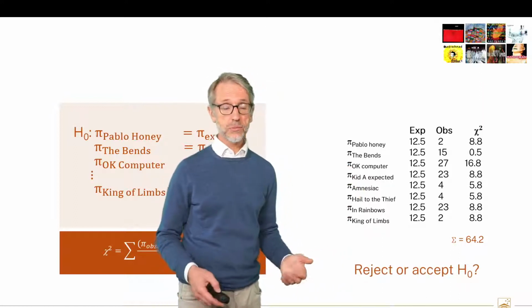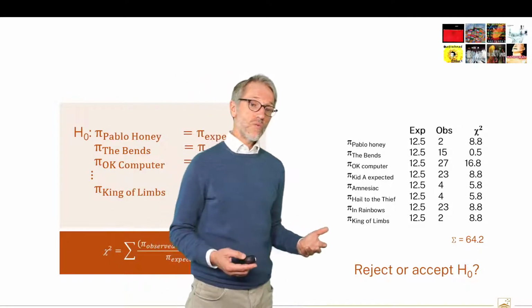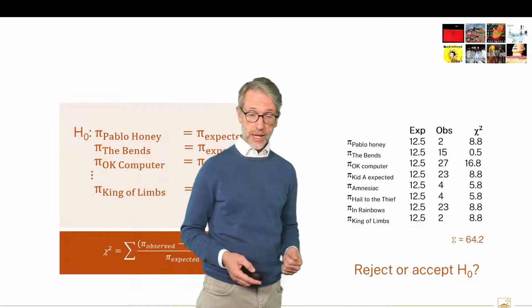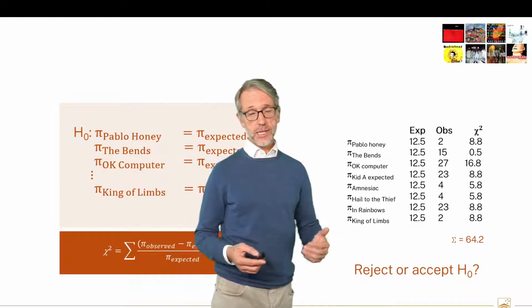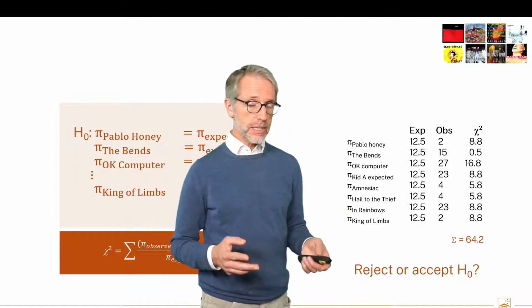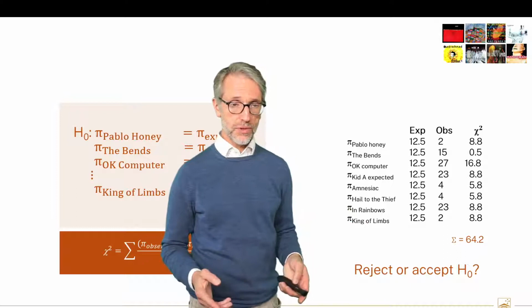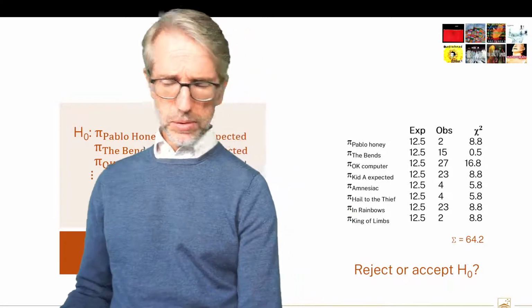So in terms of rejecting or accepting, here we have evidence to reject H0 because our chi calculated is larger than our chi critical. Now, does JMP do all of this for us? Well, yes, it does. So why don't we have a look at that?